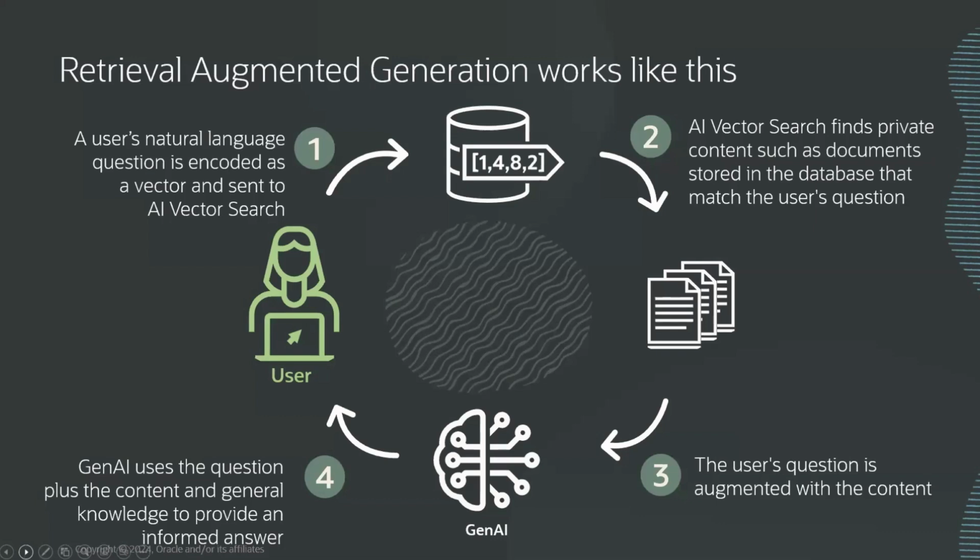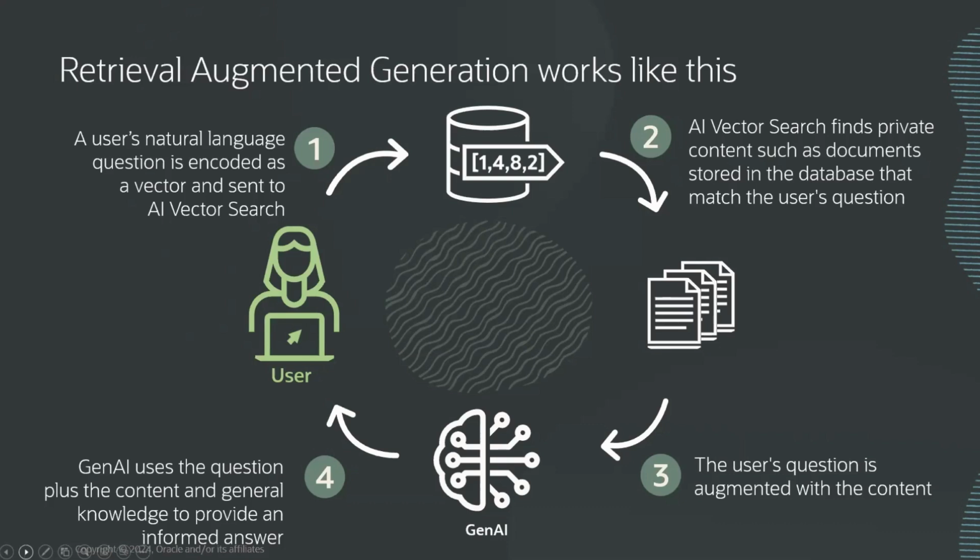And once you find that similar data or data that you want to use, you then take that information along with the question that the user asked, and you generate a prompt, and you pass that prompt to a Gen AI service, and then the Gen AI service will answer that question based on the augmented prompt that you were able to create with that vector data.